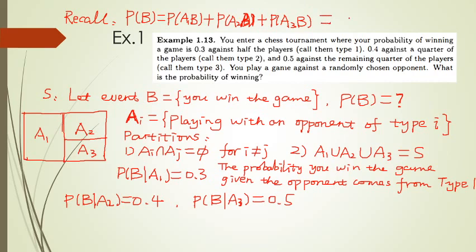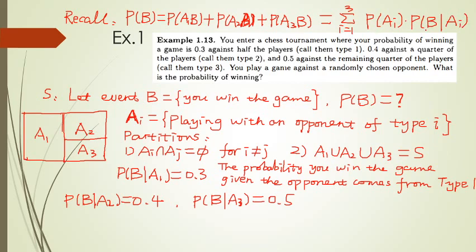For Ai intersect B, you can write the probability of Ai times the conditional probability of event B given Ai. Here i is the index starting from 1 to 3, right?